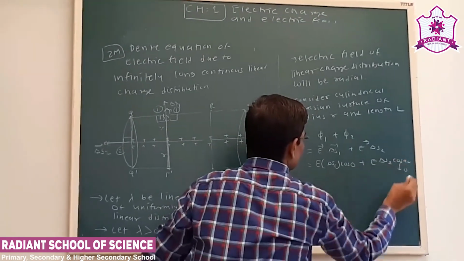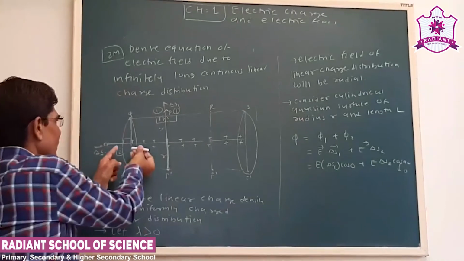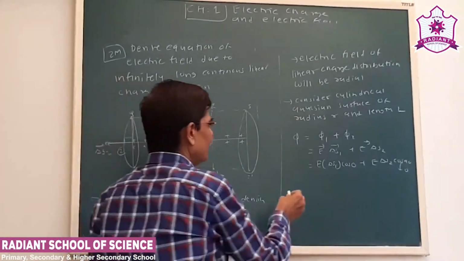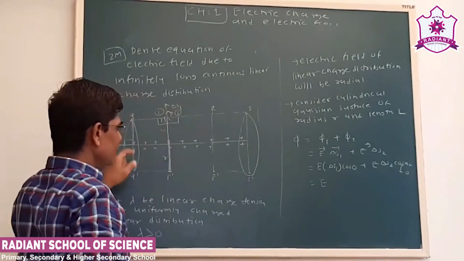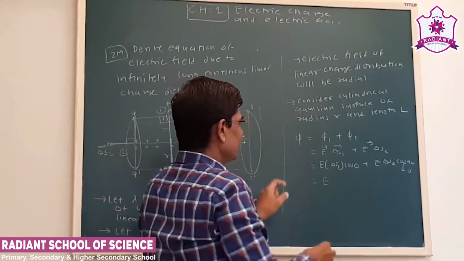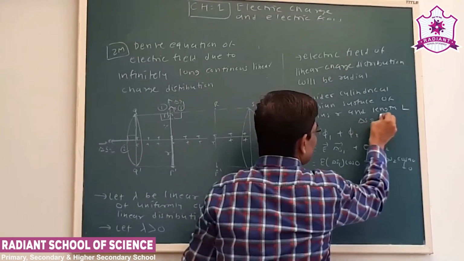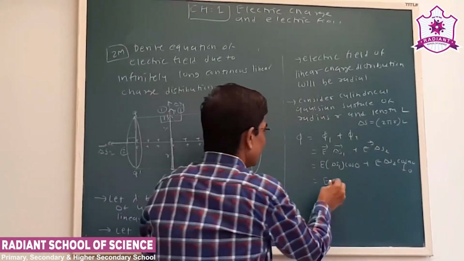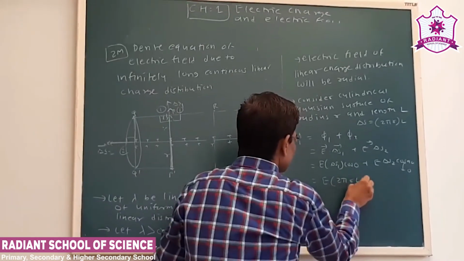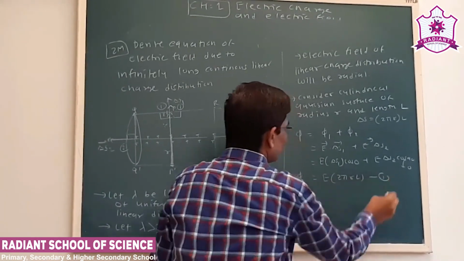Cos 90 is 0. The flux associated with the end will be 0. Now here delta S is the area of the cylinder under consideration. Area of the cylinder is given as 2 pi r L. So that will be E into 2 pi r L. Let us say this is equation number 1.